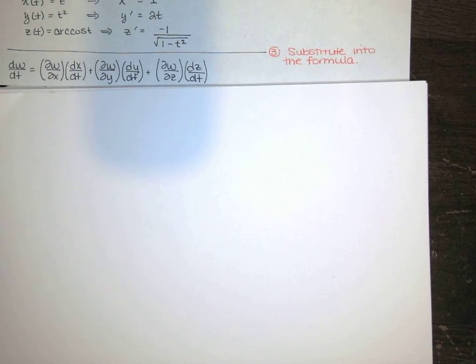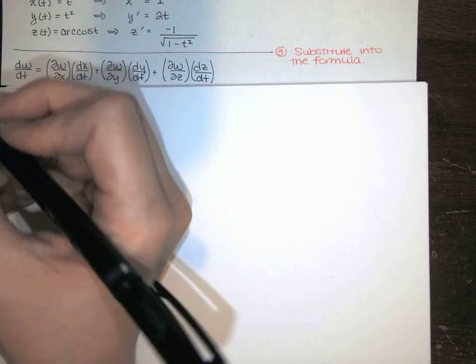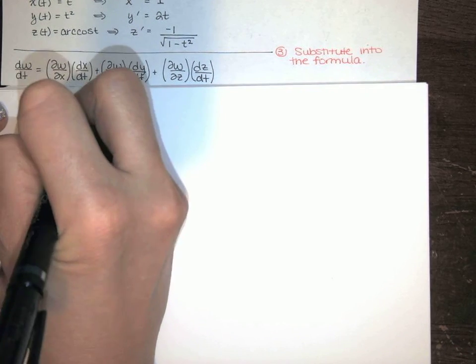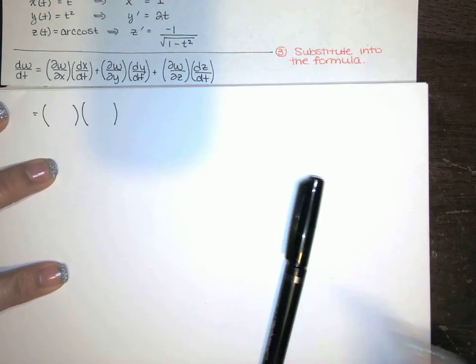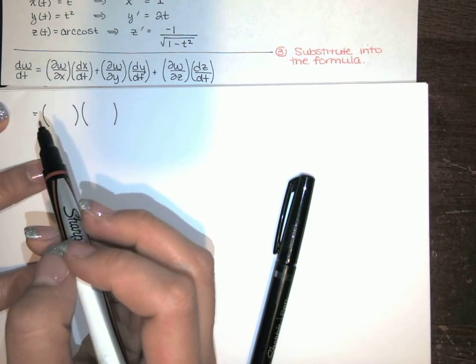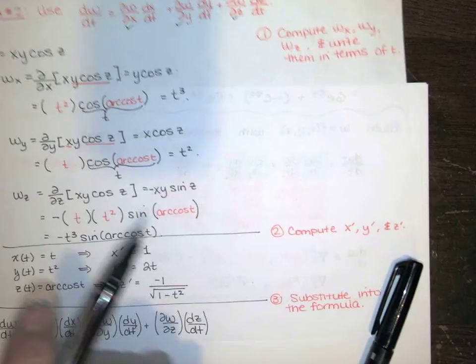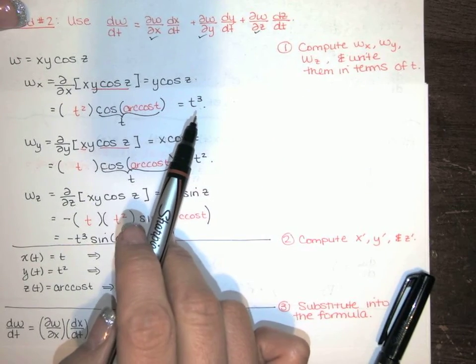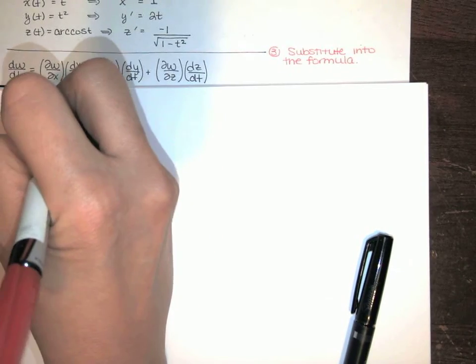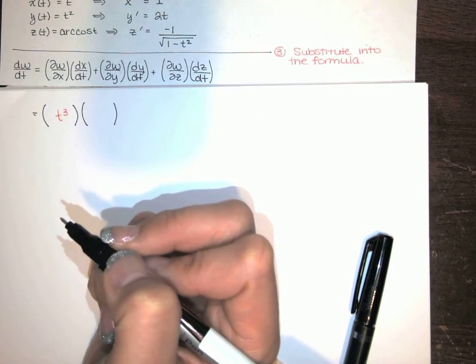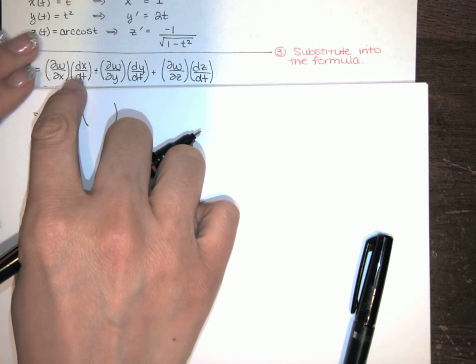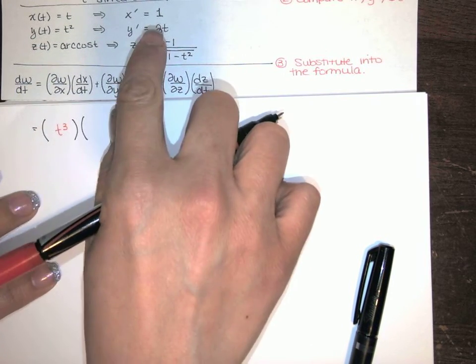So I'm here. I need the partial of w with respect to x. Well, from earlier, partial of w with respect to x in terms of t was t cubed. And the derivative of x with respect to t, that's the same as x prime, that's 1.